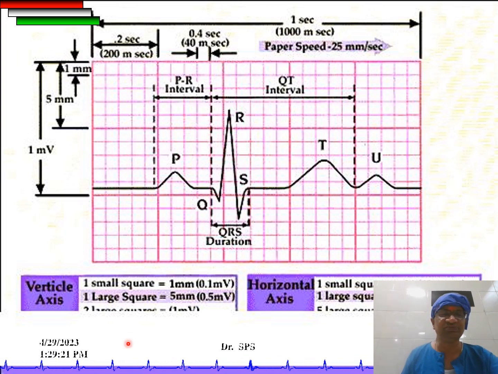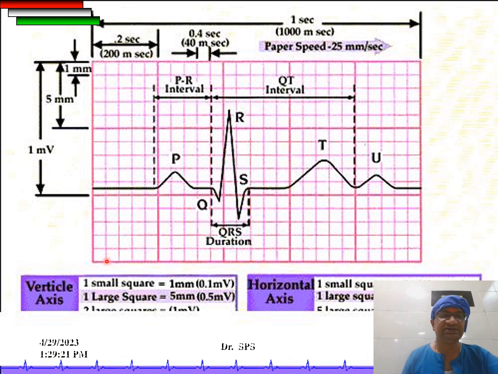Now we will go to so many things. Here you see one small square is 0.1 millivolt and this is 1 millivolt. Here it is 20 milliseconds, and here you can see 400 milliseconds, 0.4 second.